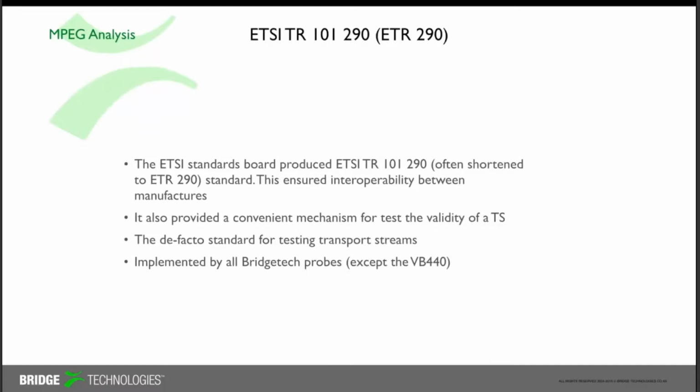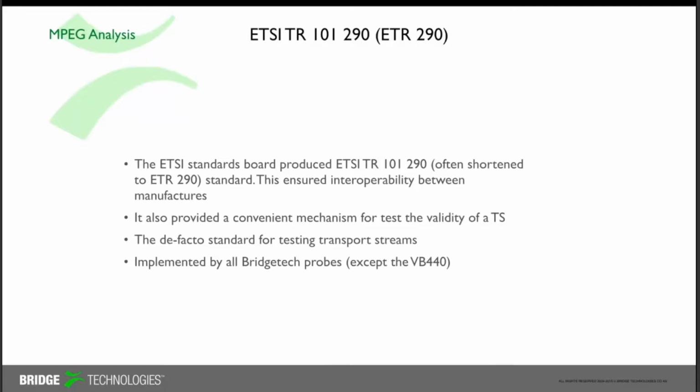It became a way of testing whether a transport stream was valid, whether all of the parameters, many things like intervals, section gaps, the tables, all of that stuff had to be tested, and it all had to be proven to be in the standards. And ETSI TR 101-290 provided that standard.